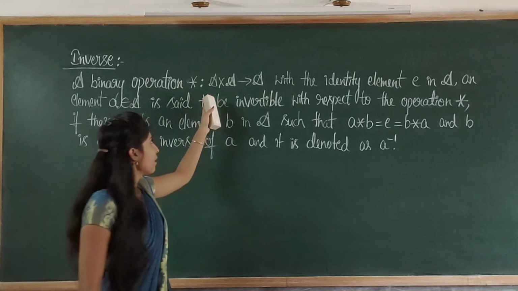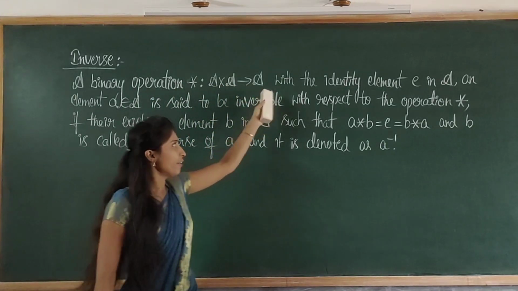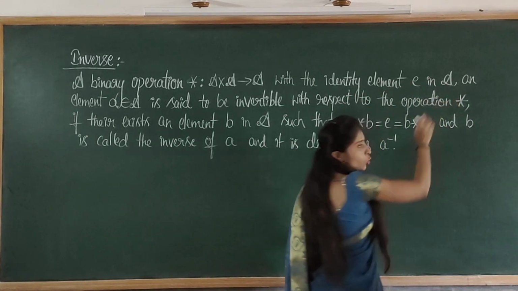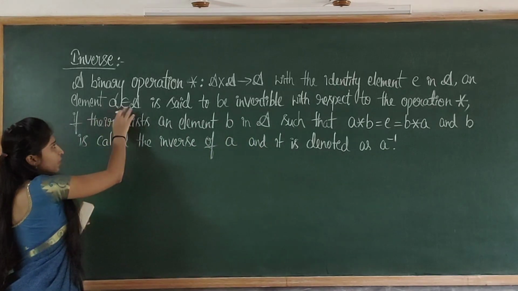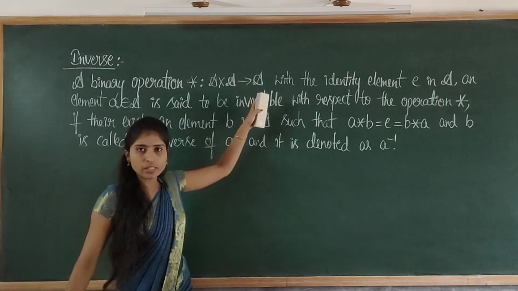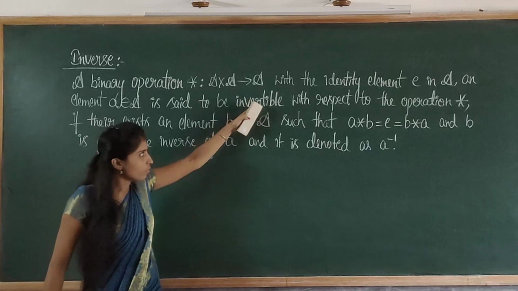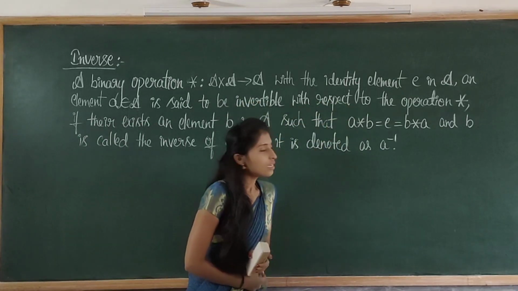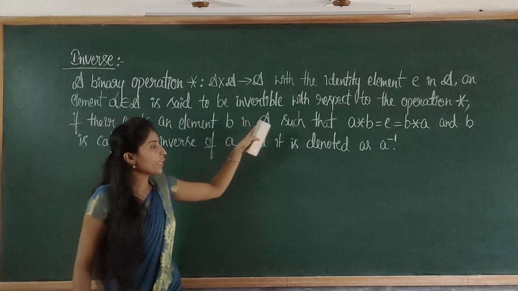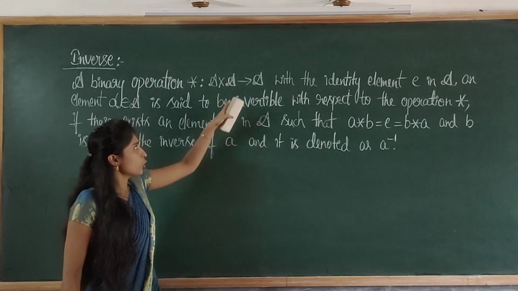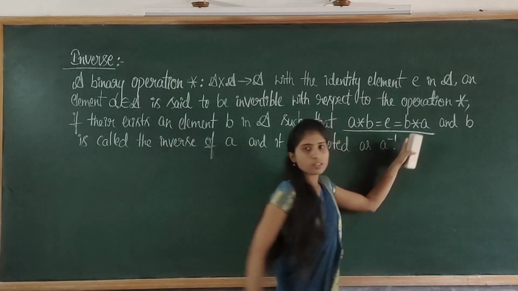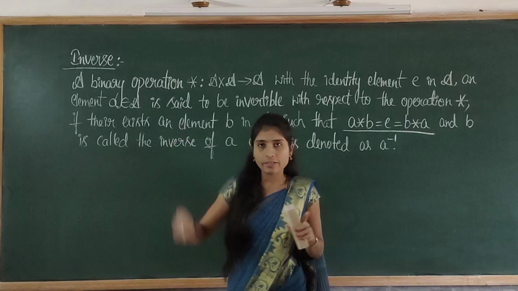A binary operation star from A cross A to set A with the identity element E in A. Here also the identity element E should be in the set A. An element A belongs to A is said to be invertible with respect to the operation star if there exists an element B in A, another element that also should belong to the set A, such that A star B is equal to E is equal to B star A. This is the condition of the inverse property.